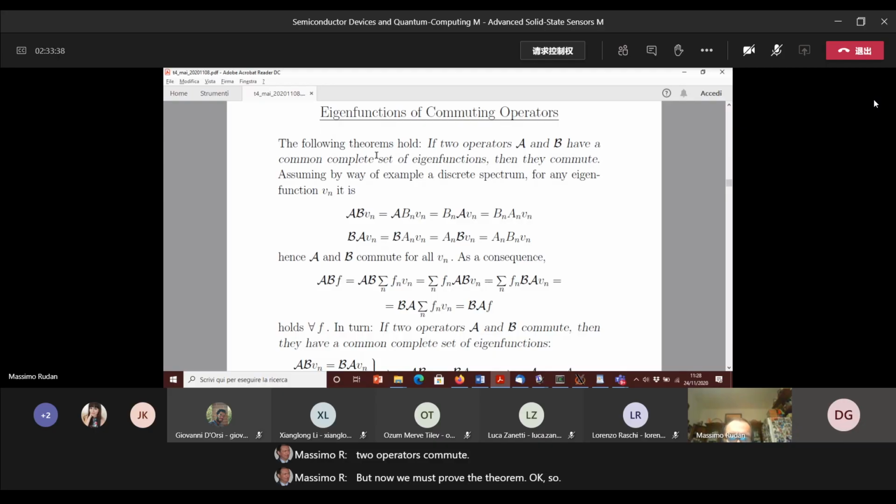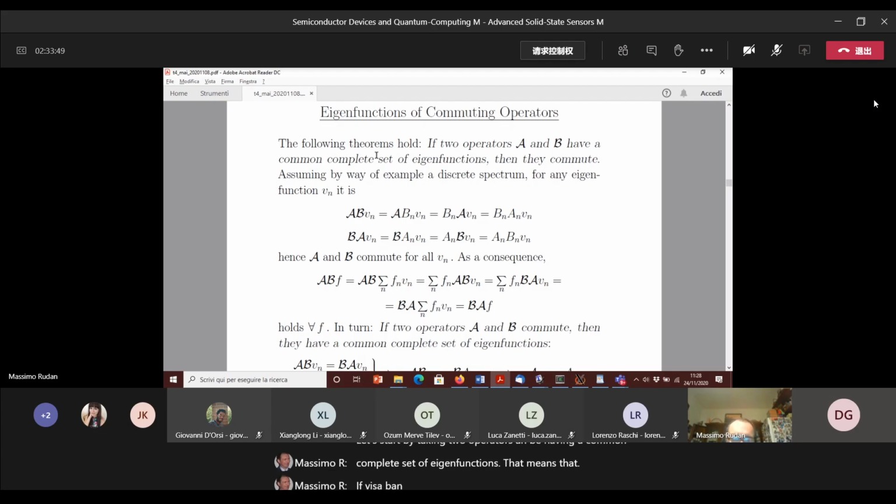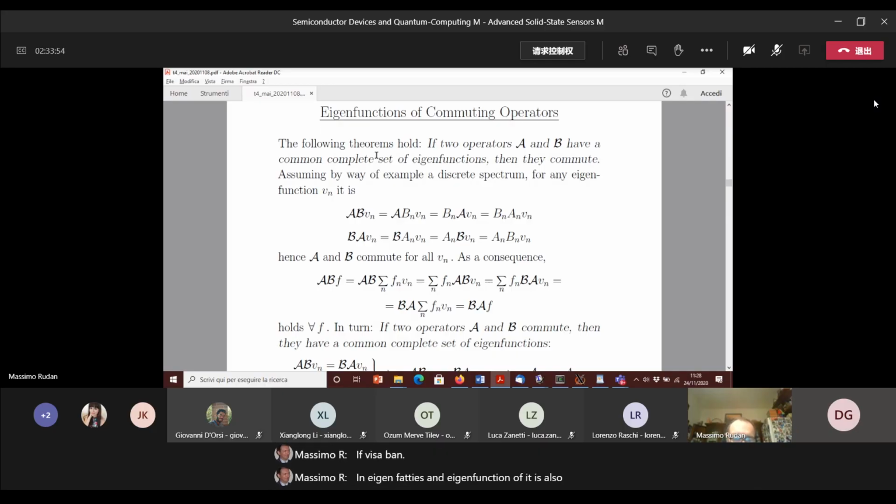Let's start by taking two operators A and B having a common complete set of eigenfunctions. That means that if Vn is an eigenfunction of A, it is also an eigenfunction of B, for every n. As usual, we consider for simplicity a discrete spectrum. So let's take any eigenfunction Vn and then apply B first and A second.